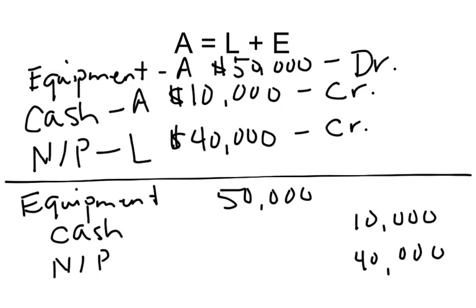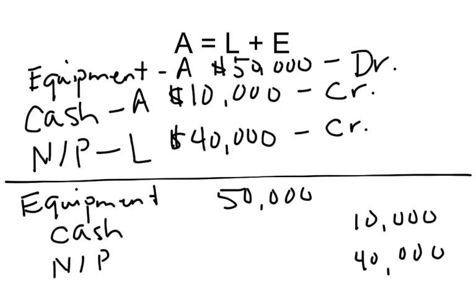So you would post from the journal to the ledger. So we'd take this and we'd go to the page where equipment is, and we'd debit that account for $50,000. And then we'd flip to the page where cash is, and we'd credit it or decrease it for $10,000. We'd flip to the notes payable page, and we'd put the $40,000 in the credit column there. And we could update each of those individual balances. Posting is not taking it to a T account, although a T account is, again, a visual representation of the account.